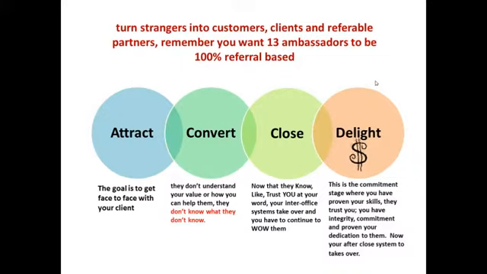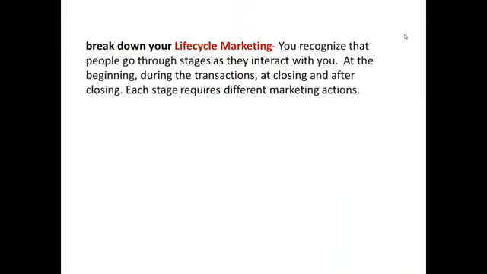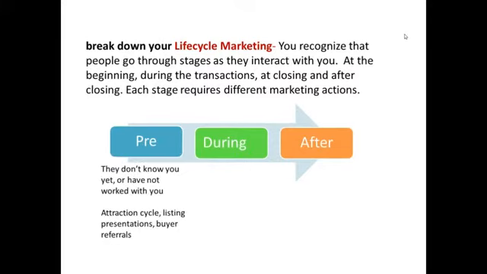Yeah, exactly. That's what I wanted to stop on. Now what I usually do is break down the system of the marketing that we're doing, and I call it life cycle, because you interact with people at different stages, and each stage requires a different type of marketing.